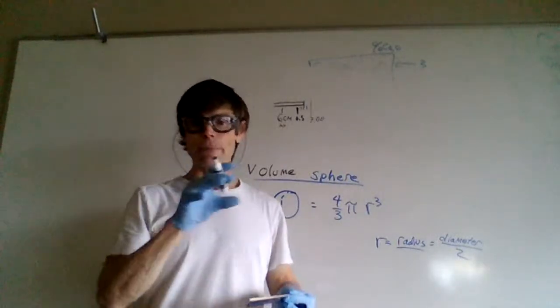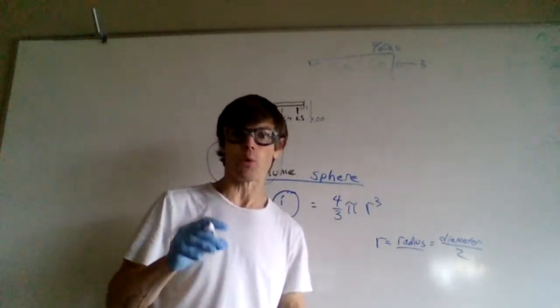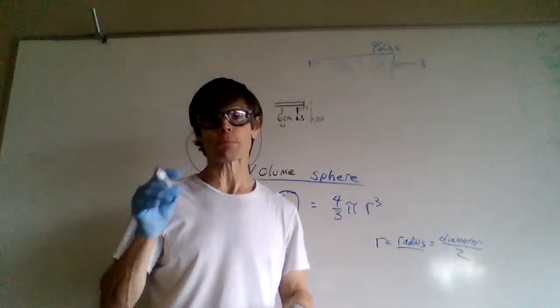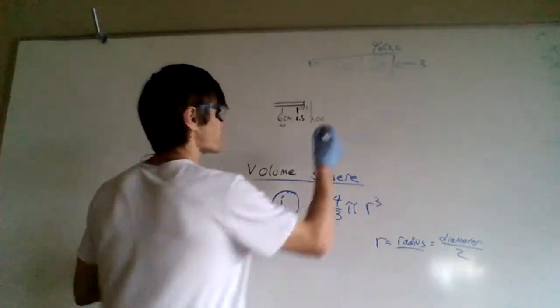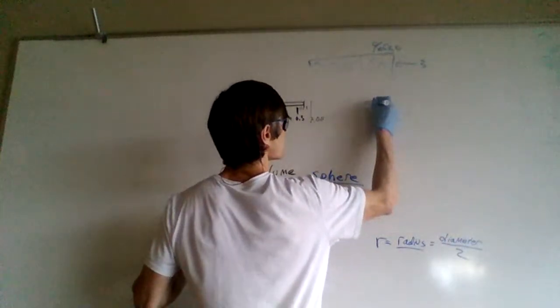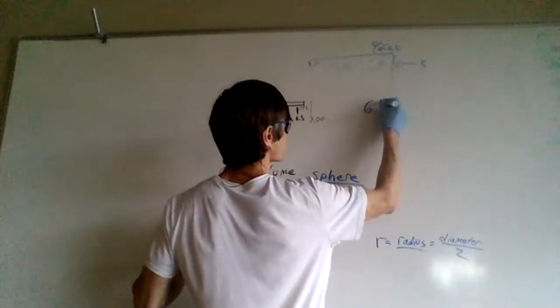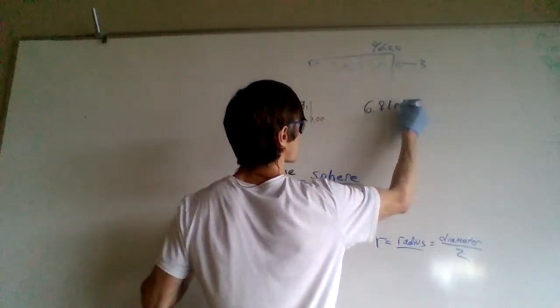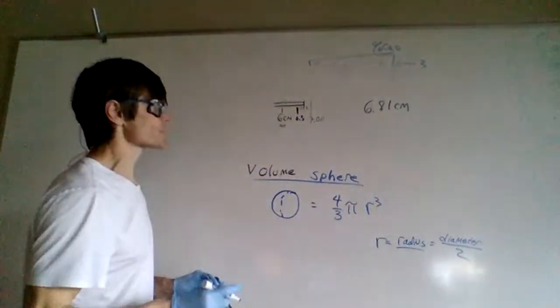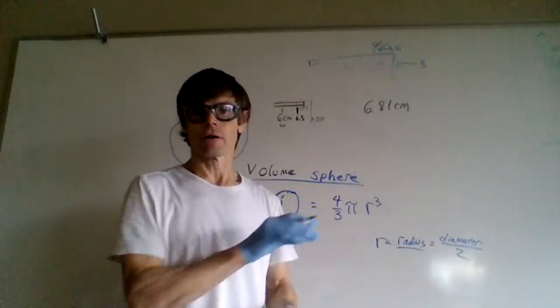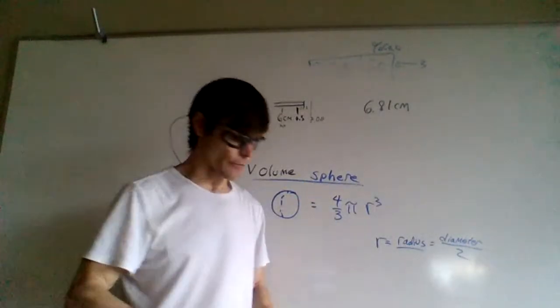Again, somebody else might estimate 6.80, someone else 6.82. That last digit is our digit of estimation. So that's the diameter of that styrofoam sphere.